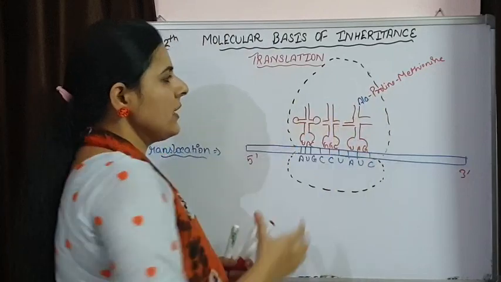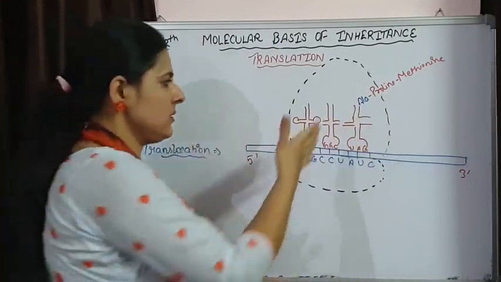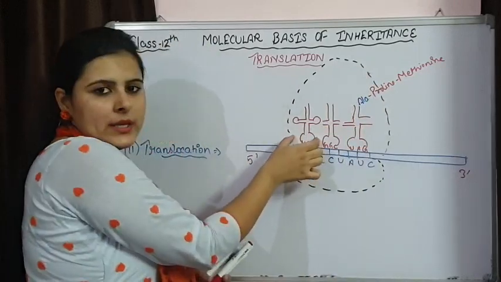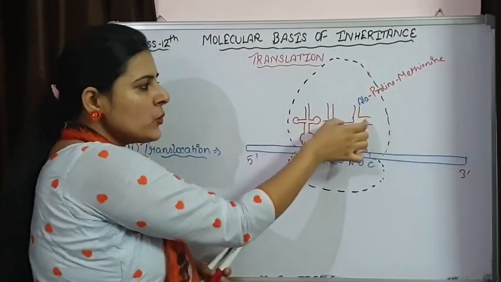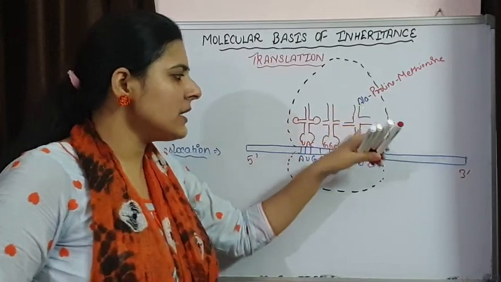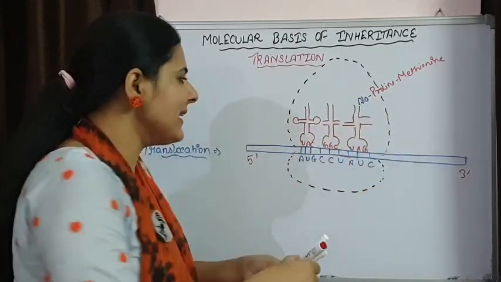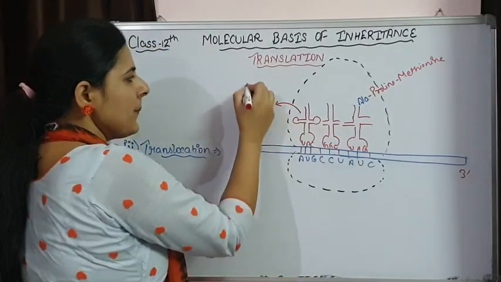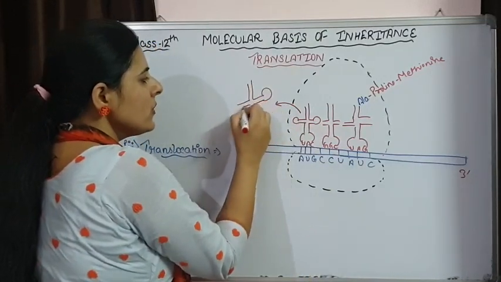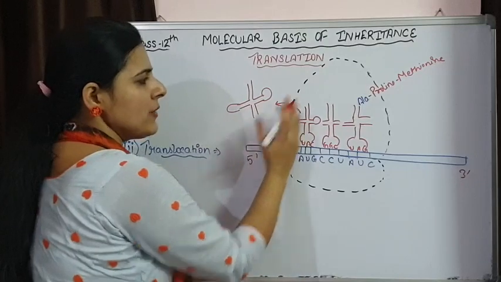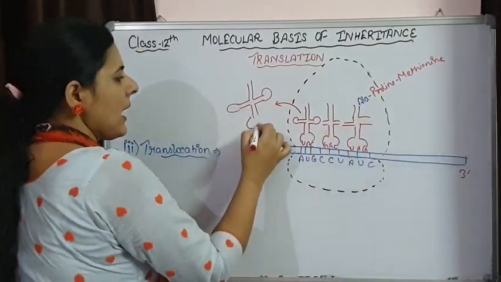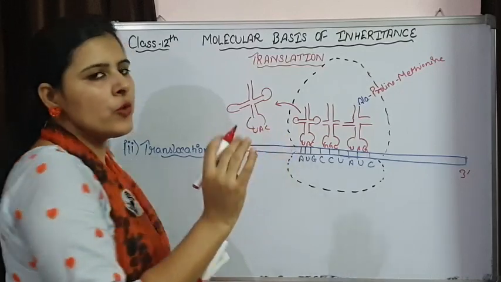And this one thing I should have told you earlier, this empty one, when a new tRNA is going to attach at this A site, this is going to leave from the E site. This is empty, so it is going to move out. When ribosome is translocating, at that time the empty tRNA is going to move out.